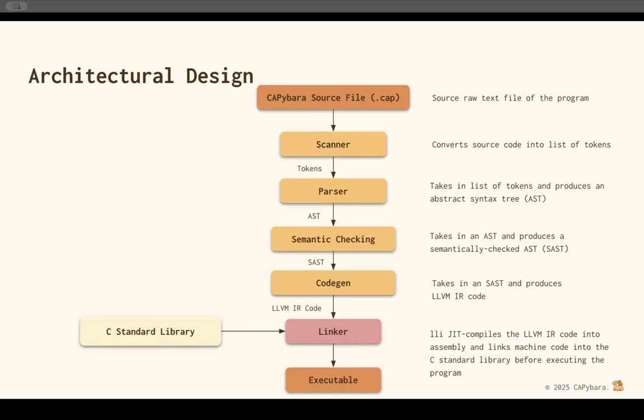We tokenize it, we parse it into our abstract syntax tree, we semantically verify that there's semantic consistency within the language, and then we translate it into LLVM IR. Notably, using the LLVM IR editor allows us to link into the C standard library, which means that we are able to access functionality that would otherwise be operating system or hardware dependent.